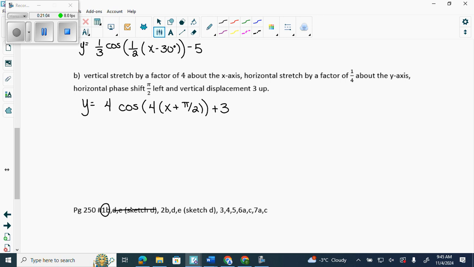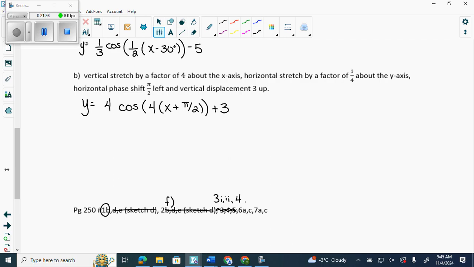Then I want you to do 2F, 3, 1 and 2, 4, and then 6AC, 7AC.